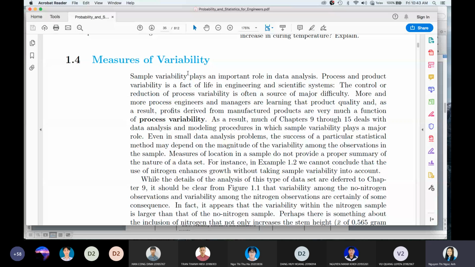However, student A is quite stable, and student B changes the score a lot. So what is the metric to show the stability and change of the score? It is called the variance or variability.